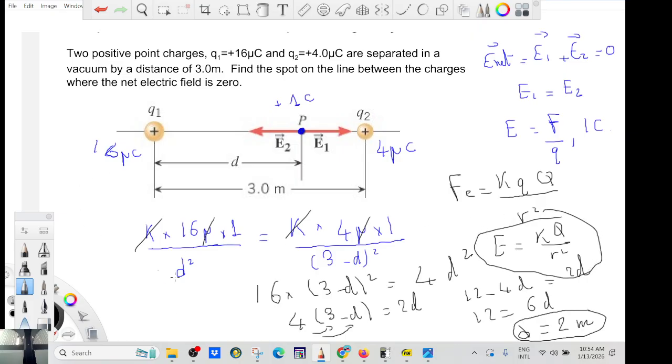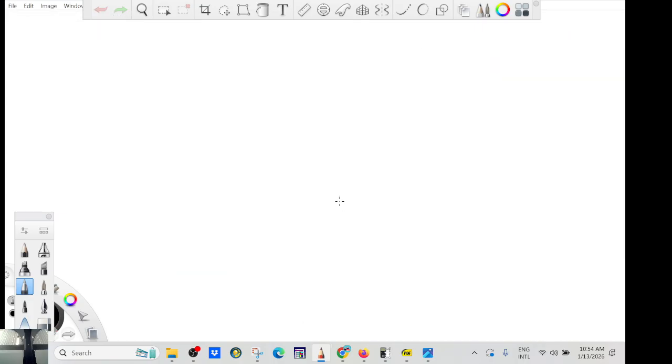So if you are in space, you have a source here, that will be the electric field, and you want to find the electric field at point P.